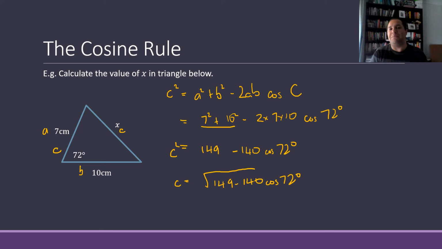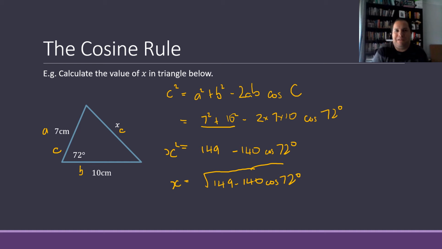Now we don't need the plus minus sign in front of our square root sign because that side has to be positive, right? We're talking about sides, we're talking about distances. We can only really consider positive values for c, or for x in this case.